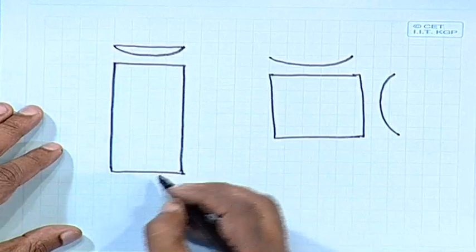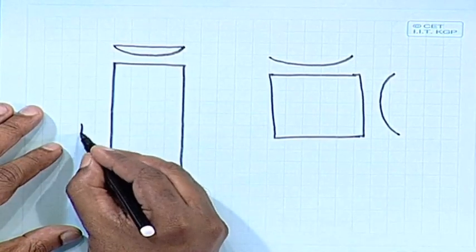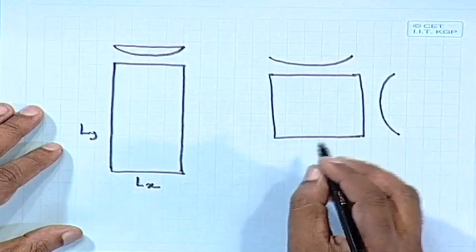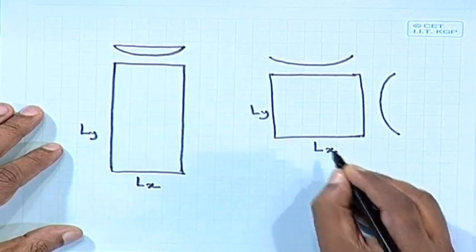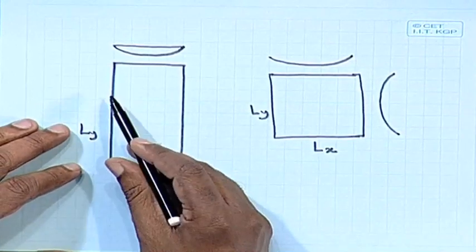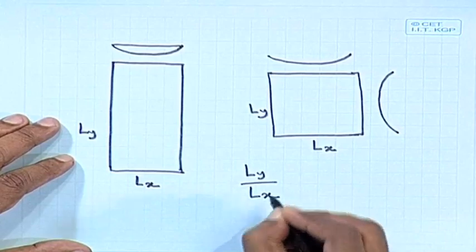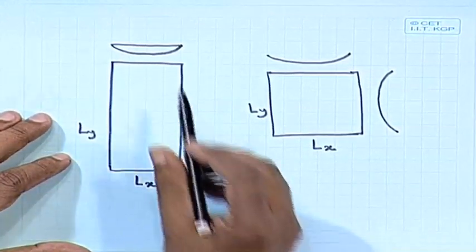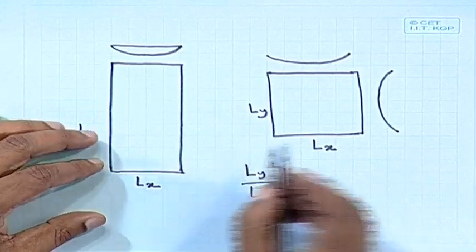Now, let us say this is Lx and this is Ly, the spans in both directions. Depending on the ratio Ly by Lx, we find out whether it is one way or two way.